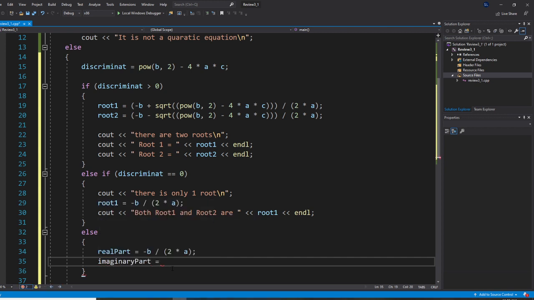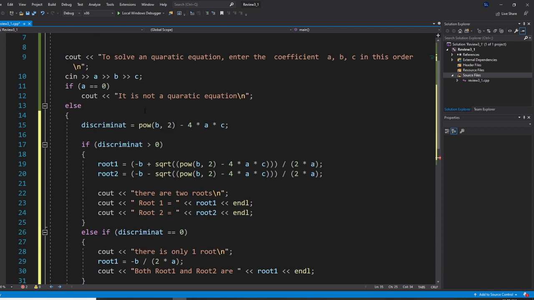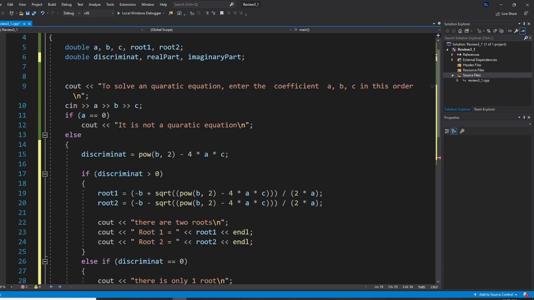That will be equal to sqrt, and I'm going to use this. I already got the discriminant, right? Did I calculate the discriminant? Hold on, I did not calculate it yet. Oh, I did.